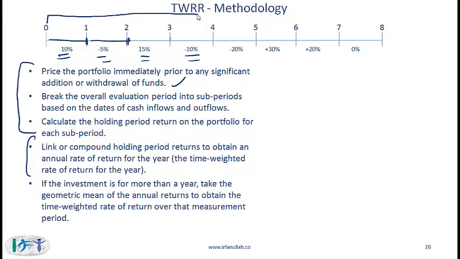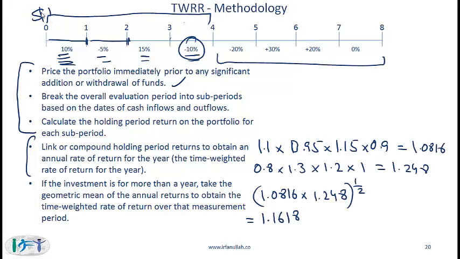So if you take year 1, to come up with the number for year 1, we simply multiply 1.1 by 0.95 times 1.15 times 0.9, and this gives us, for year 1, $1 invested at the start of the year becomes equal to 1.0816, and then for the second year we multiply 0.8 by 1.3 and so on, and we have 1.248 for the second year.